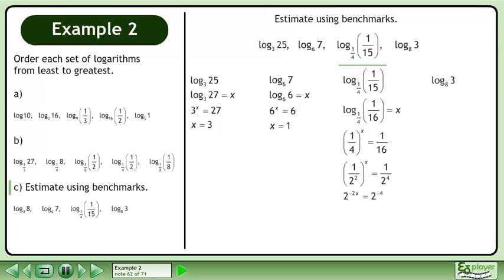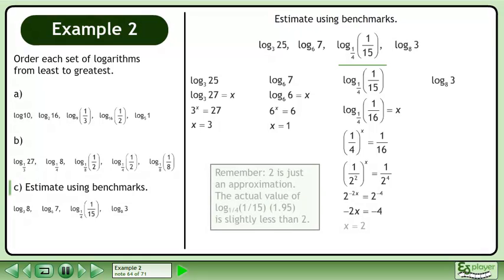This gives us 2 to the power of negative 2x equals 2 to the power of negative 4. Set the exponents equal to each other. This gives us x equals 2. Remember, 2 is just an approximation. The actual value of the base 1/4 logarithm of 1 over 15, 1.95, is slightly less than 2.